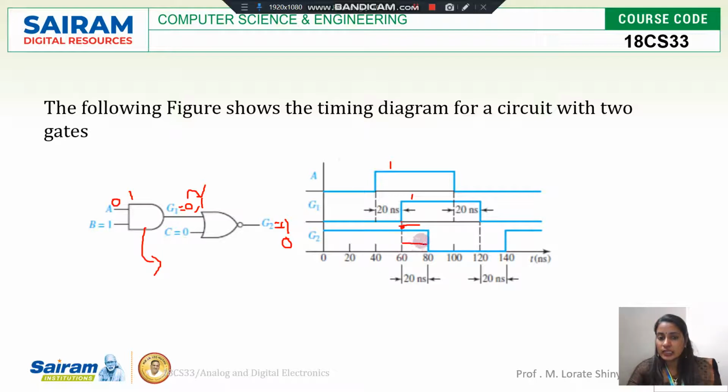Till here it is not changing. So this is the delay time of the OR gate. The OR gate delay is also taken as 20 nanoseconds. So here also there is again a delay. Whenever a change happens on the input side, that also affects the output. This will be a problem in a few sequential circuits.